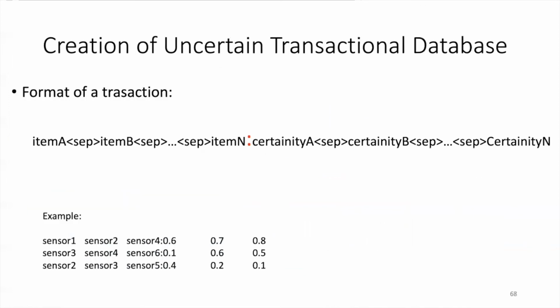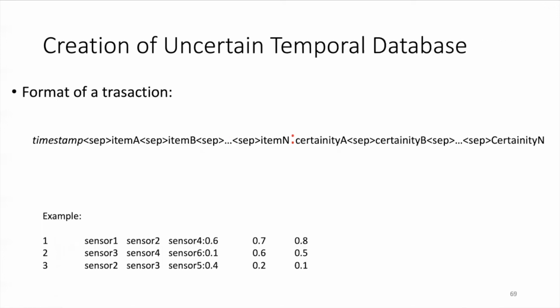And if you want to create an uncertain file, then this is the format. We first mention the items followed by their uncertainty values. This is how we keep creating the dataset. Same thing for temporal, we simply add the timestamp.